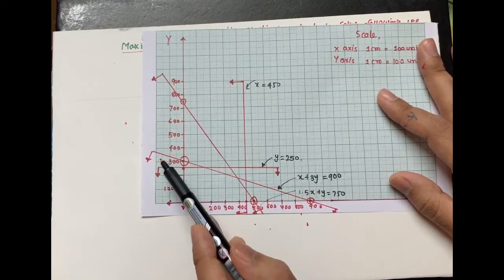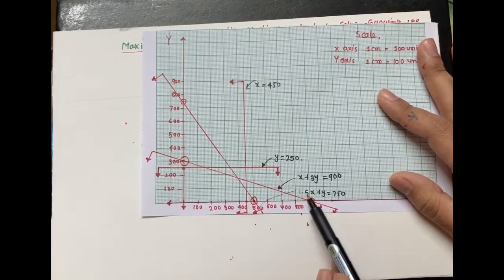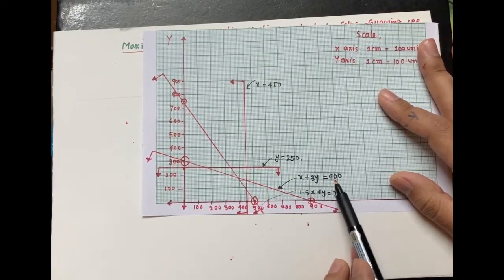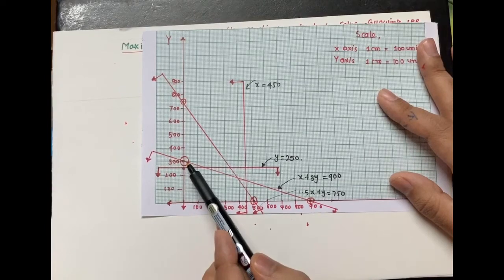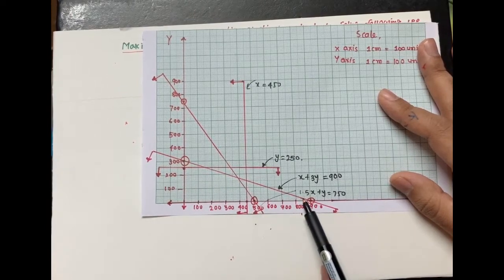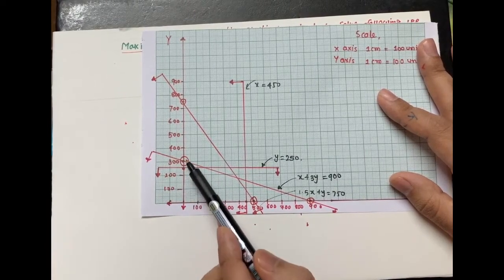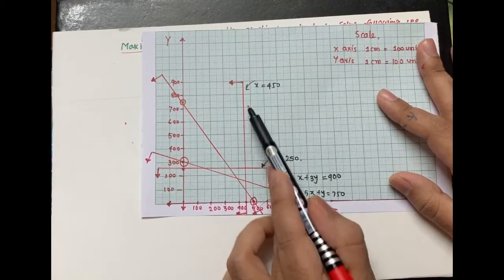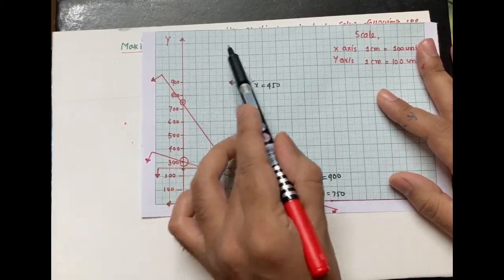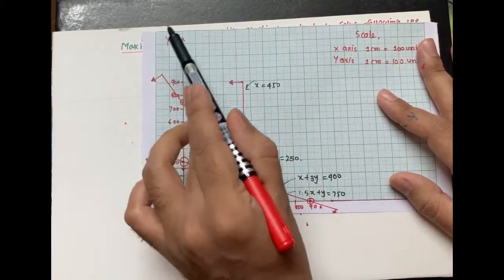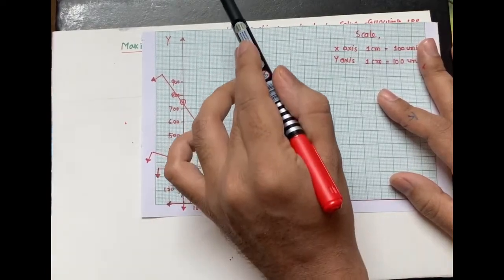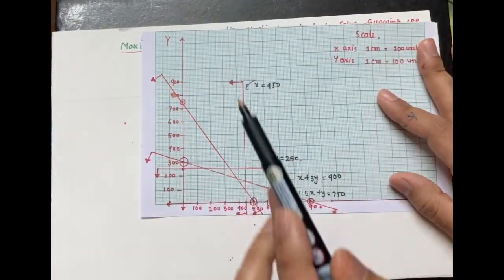Likewise, the feasible region for the second constraint equation, x plus 3y equals 900, is this one. For the third one, likewise, this entire region, in a vertical direction it is moving infinitely.